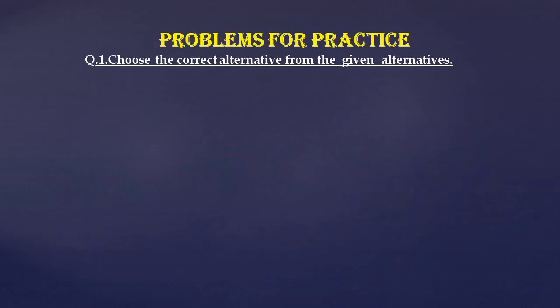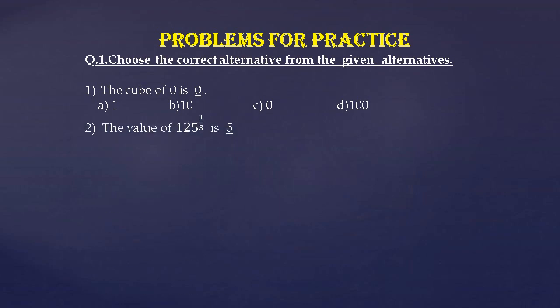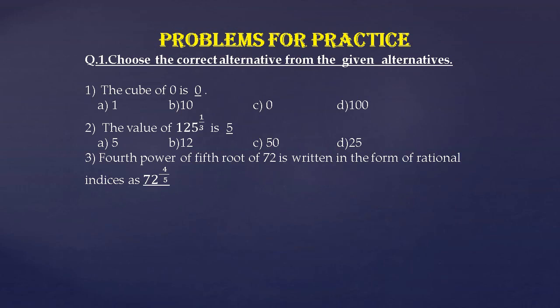Question number 1. Choose the correct alternative from the given alternatives. First question, the cube of 0 is 0. The value of cube root of 125 is 5. Fourth part of fifth root of 72 is written in the form of rational indices as shown here on the screen.